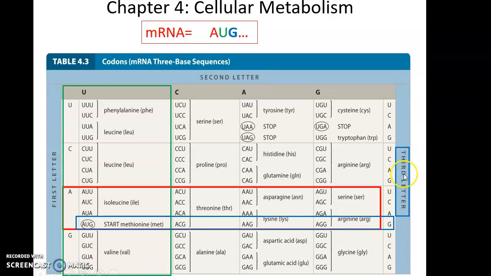And then the third letter, the G, here's G. Bring it all the way over and look at that. Here is what we have, AUG, the amino acid methionine, which is also the start sequence for translation. So again, first letter along here, second letter along here, third letter along here, always looking for where all three overlap to give us the new amino acid.